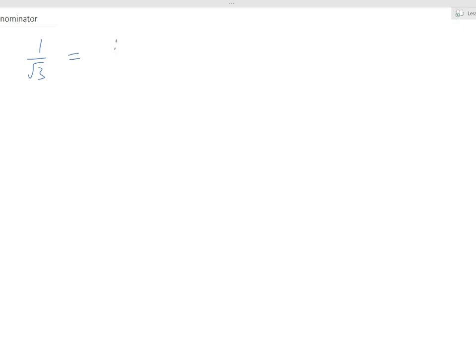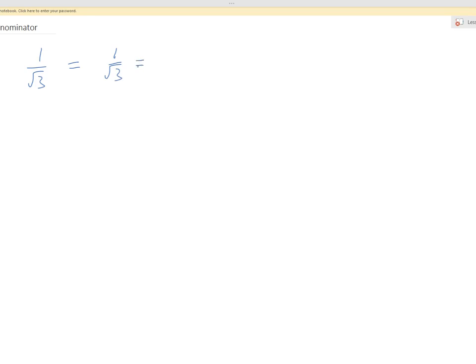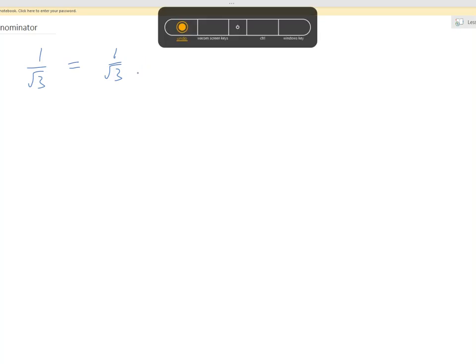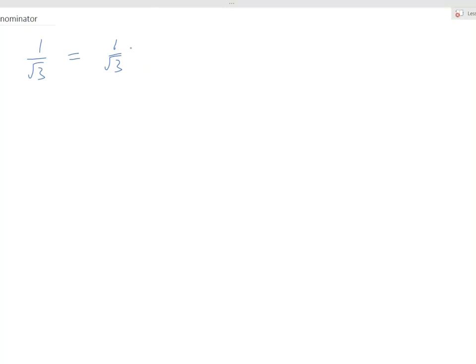In this case, 1 over root 3, what we do is we multiply it by root 3 divided by root 3. Now root 3 divided by root 3, the same thing top and bottom, means it just gives us 1.